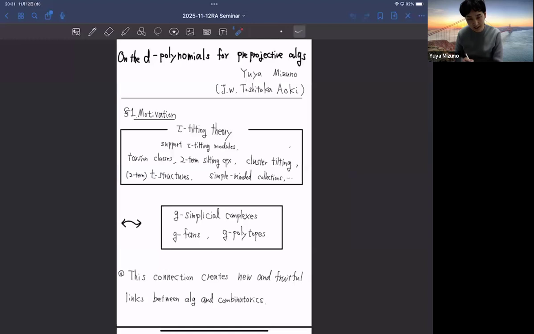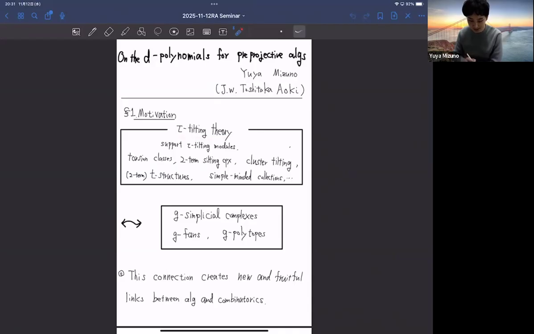In recent years, tau tilting theory has become a very active area of research. In simple terms, it is a theory for studying many important objects and subcategories within a given category.